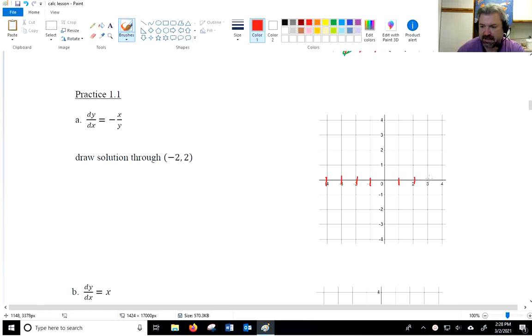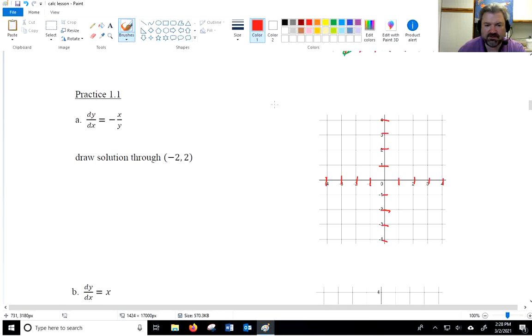I don't know what's going to happen at 0, 0 because that's indeterminate. Next, I'll notice that whenever the x value is 0, as long as the y value is not 0, 0 divided by any other number is 0. So all of the points that have an x coordinate of 0 have a horizontal slope because they're 0.